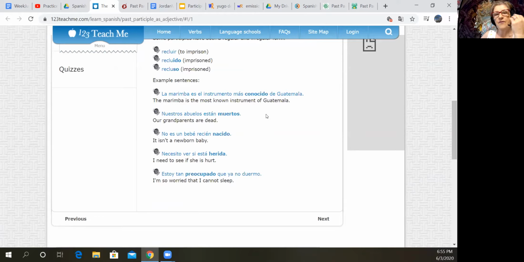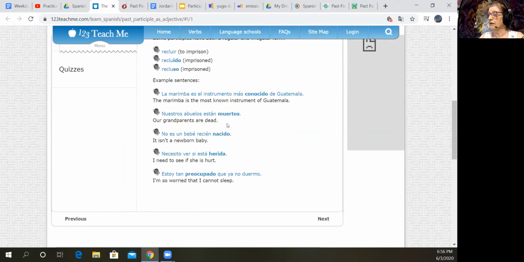The one they're most familiar with. Conocer means to know as in to be familiar with. Conocido means known. Familiar. That's a very common word. From conocer, conocido. Es muy conocido. Really known. Kind of like saying famoso.